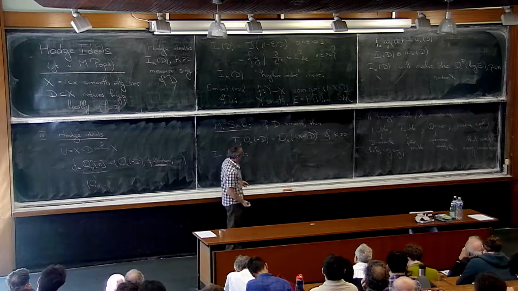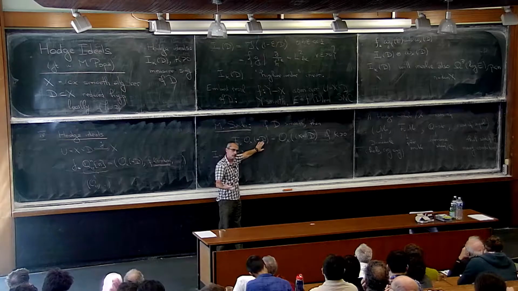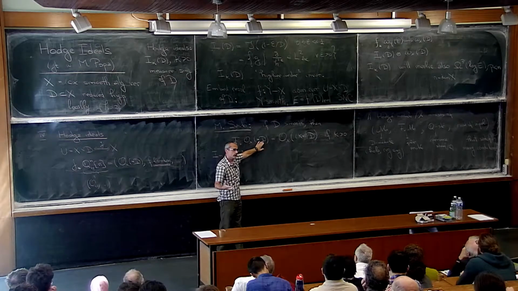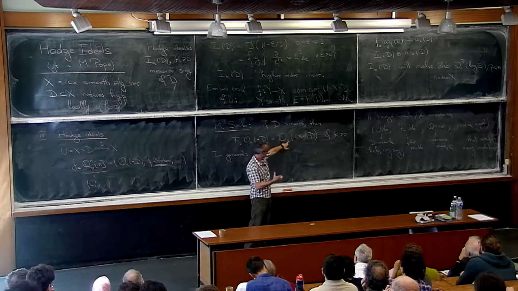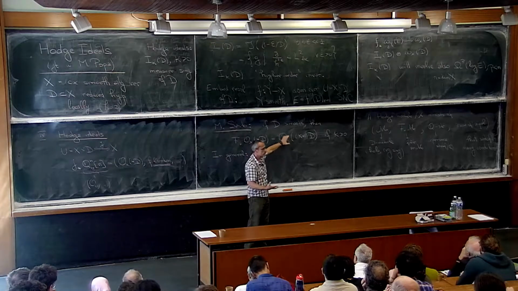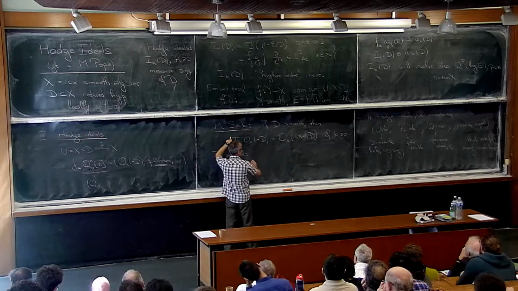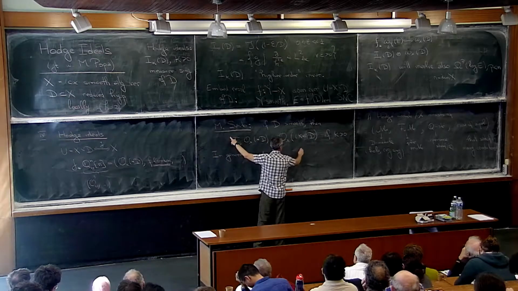Okay, so in general, D might not be smooth, but I can restrict to some open subset whose complement has codimension at least 2 such that D is smooth. Now this sheaf, if I restrict it to that open subset and if I push it forward, stays the same. So this tells me that in general, I'm going to have an inclusion. So this one is contained inside this one.